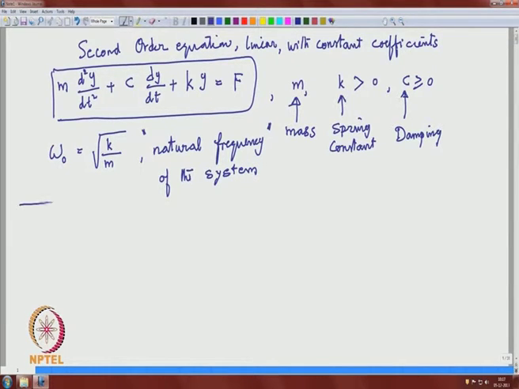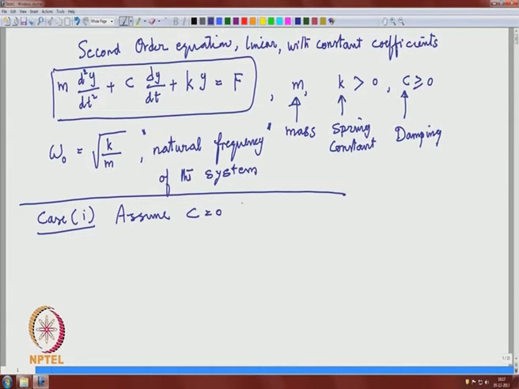I am going to analyze it case by case. We will start with case 1. In this case I assume c equal to 0, that means no damping, and then I am also assuming that F equal to 0, that means no external force.